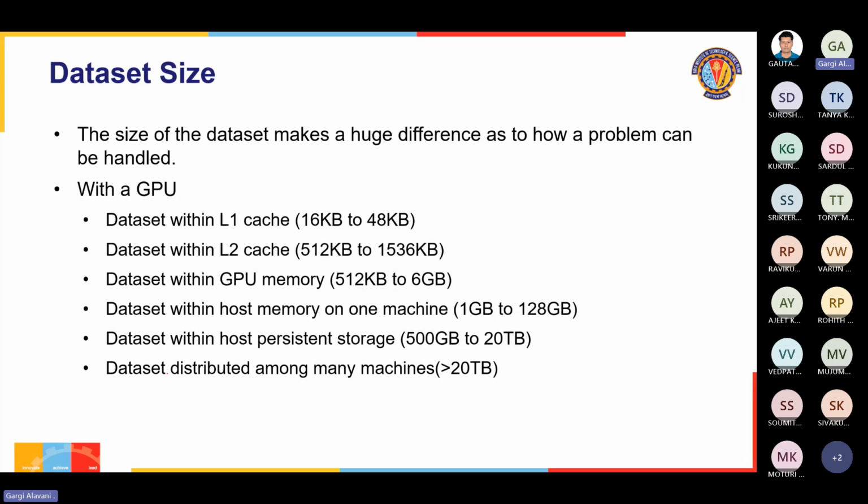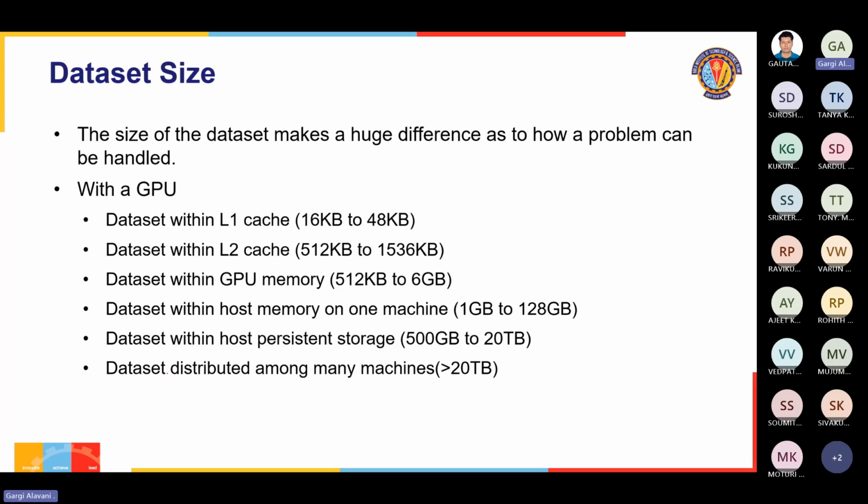If it goes to L2 cache, it will take slightly longer. If it is in the GPU memory, that is global memory, we know that it takes around 600 to 800 cycles. It will be slightly costlier and the performance will degrade.